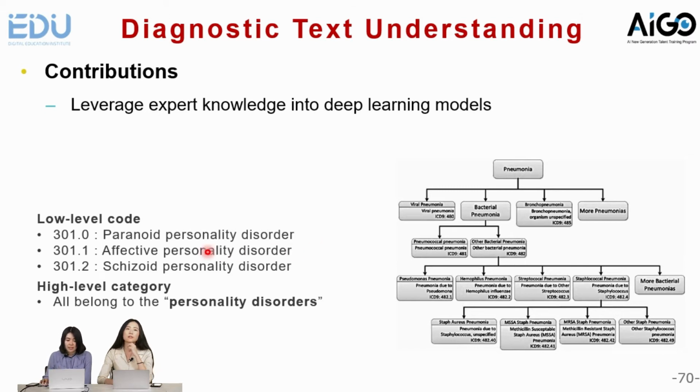Sometimes in the basic model, if you predict this code or this code independently, they do not share any information about each other. But if you have the information about this hierarchy, then you know all of these three codes belong to the same category.